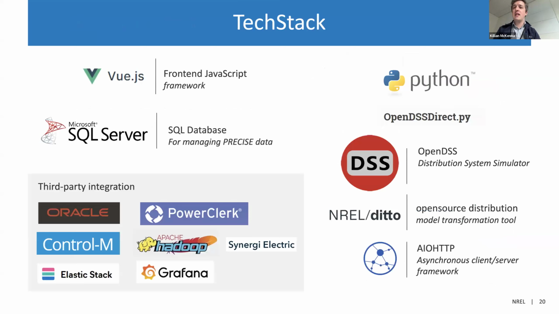In terms of the tech stack, the most important takeaway from this slide is that there's a lot of different components here. There's a lot of third-party integration with some of the utility data systems for the application intake, for the different control processes and where the AMI data is stored, in terms of error logs that we have as well.